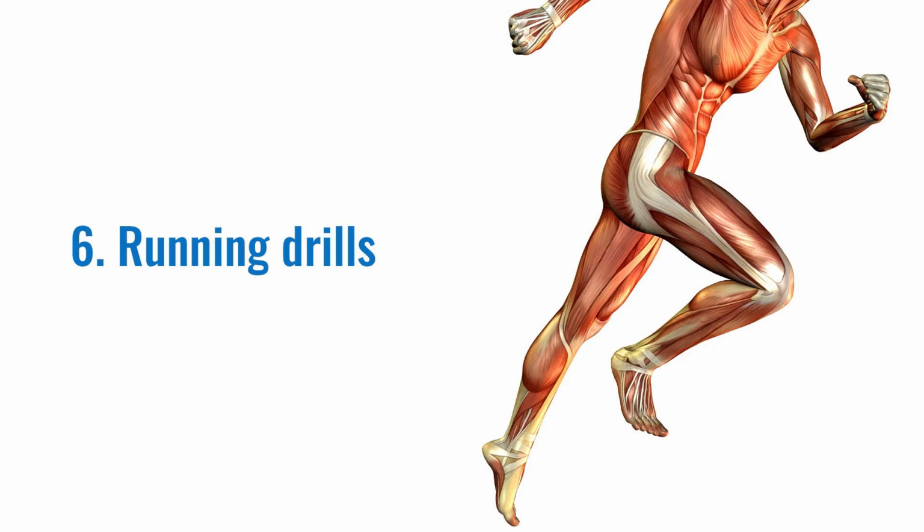Then if we think of running form specifically, even doing the landing mechanic stuff doesn't mean that your running form is necessarily going to improve. You've got to use specific cues to correct the elements of your running form that need correcting.